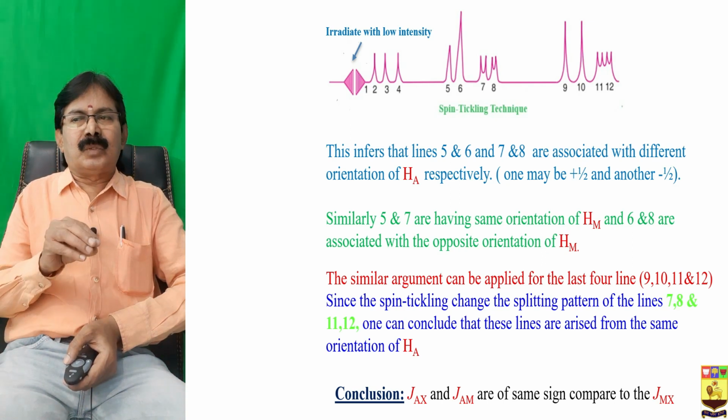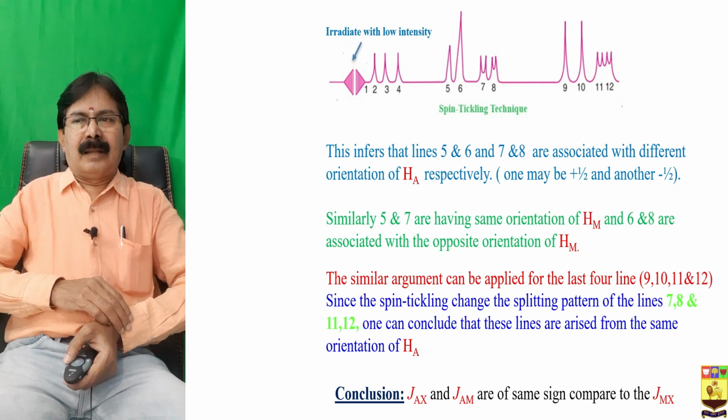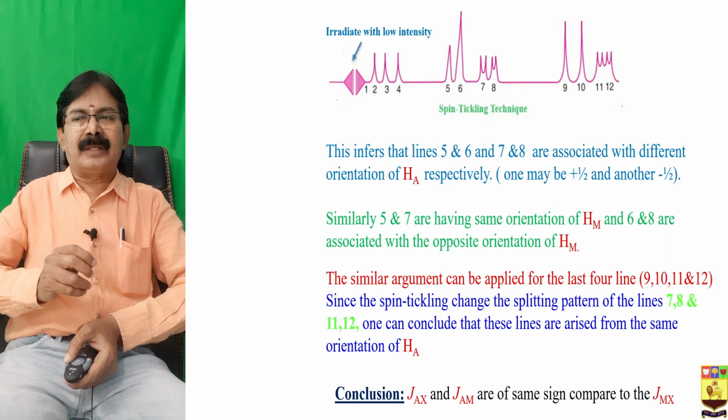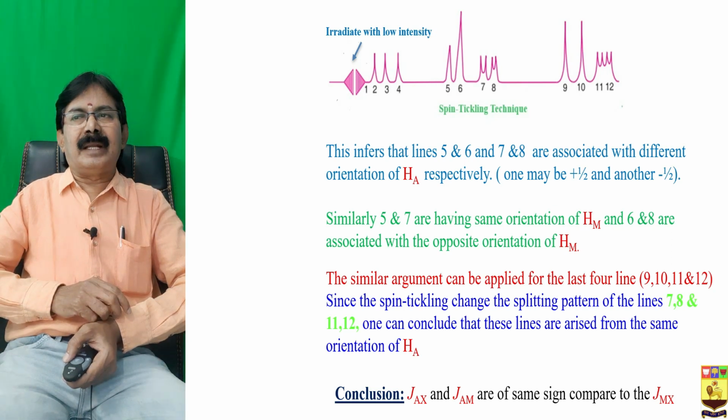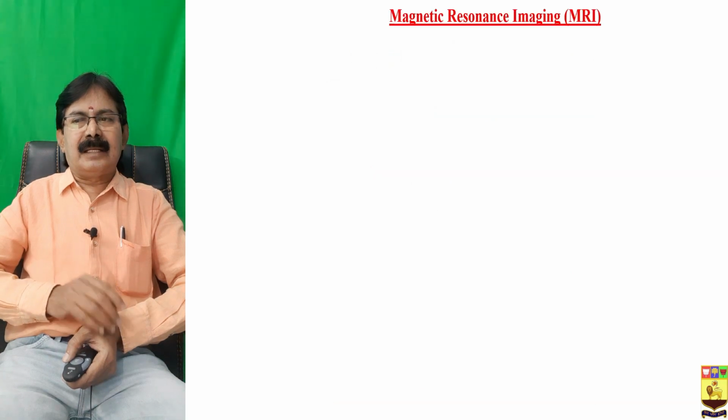So they change the splitting pattern, and one can conclude that these lines arise from the same orientation of HA. So the conclusion: the coupling constant JAX and the coupling constant JAM are of the same sign compared to the coupling constant JMX.